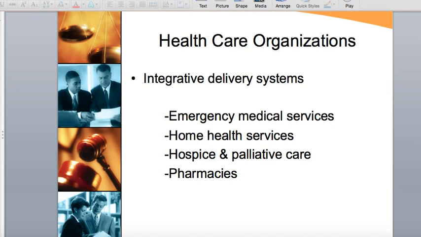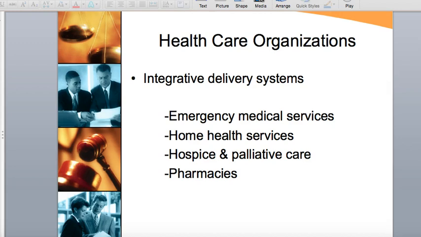Or an emergency medical services healthcare system may have a collaborative relationship with hospice or palliative care, with the understanding that a significant amount of patients that they see will require some kind of comfort care or hospice care at some point in time.